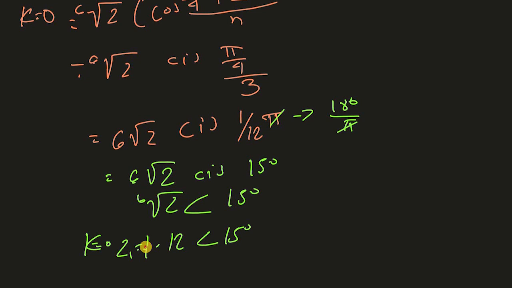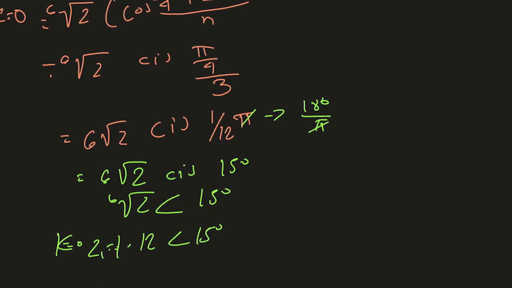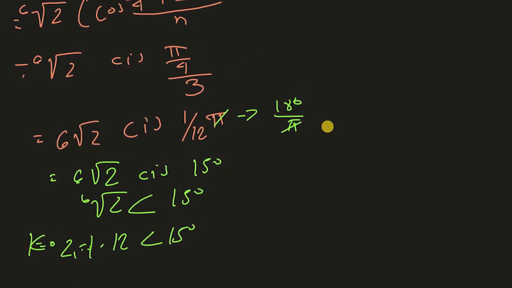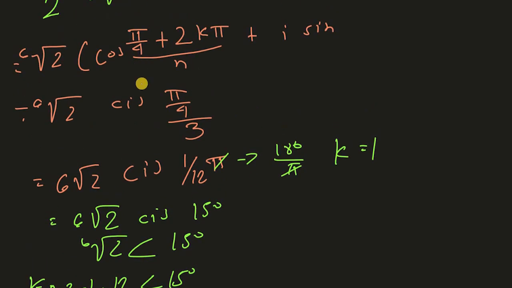Now, we now solve naman how if k is not equal to 0. For example, when k is equals to 1 naman, we just copy this, ito, then we solve for the answer. So that's 6, so next is CIS.